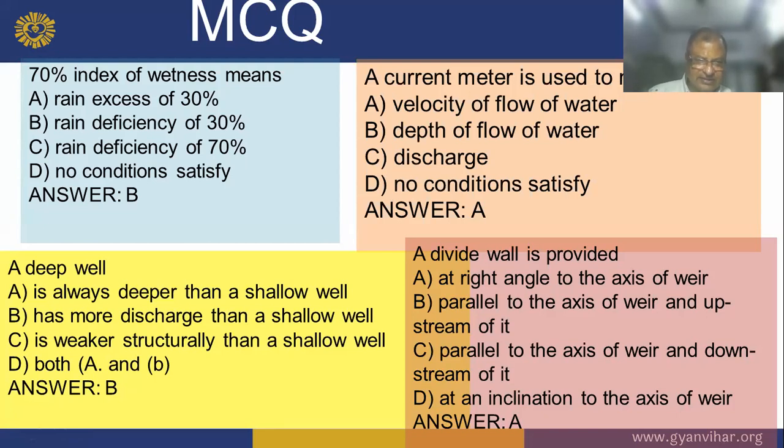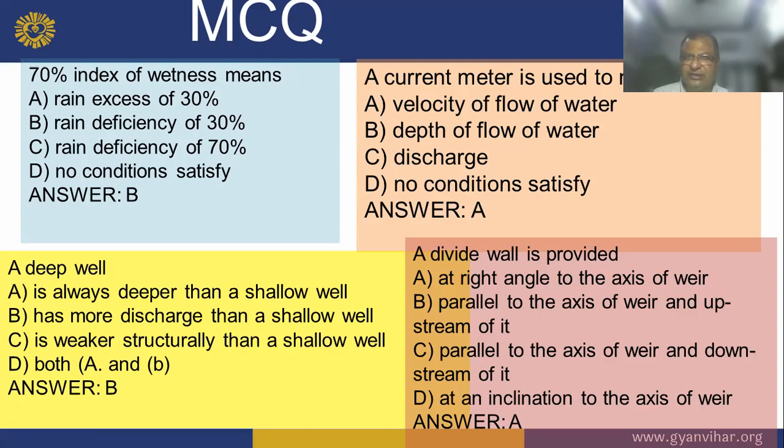Correct answer is B, has more discharge than a shallow well. Now, a deep well is always cheaper than a shallow well. Is it correct? Correct answer is B, has more discharge than a shallow well.